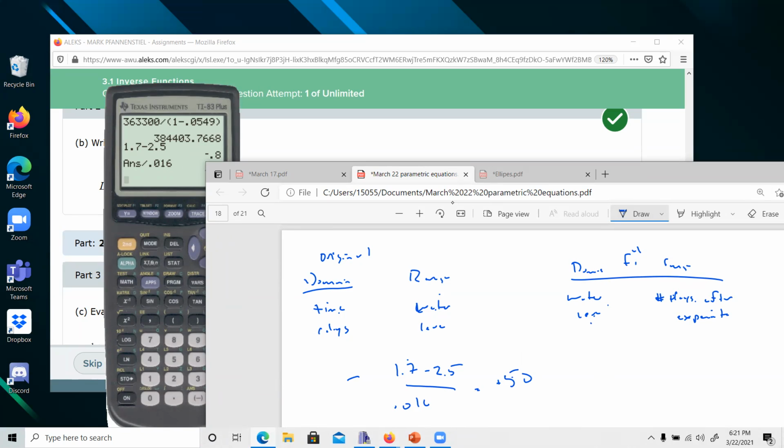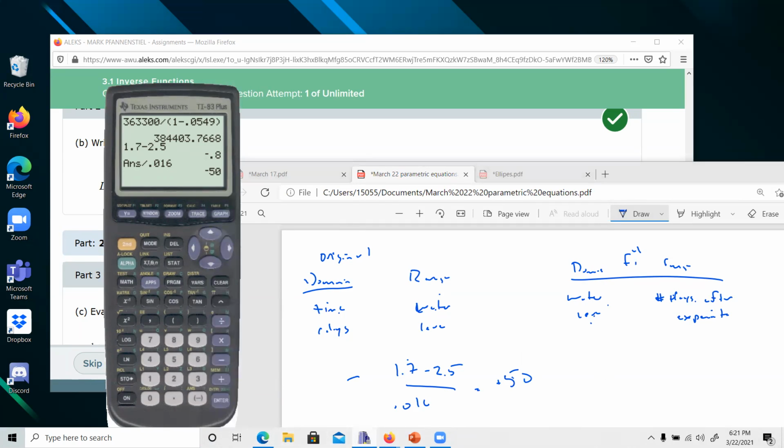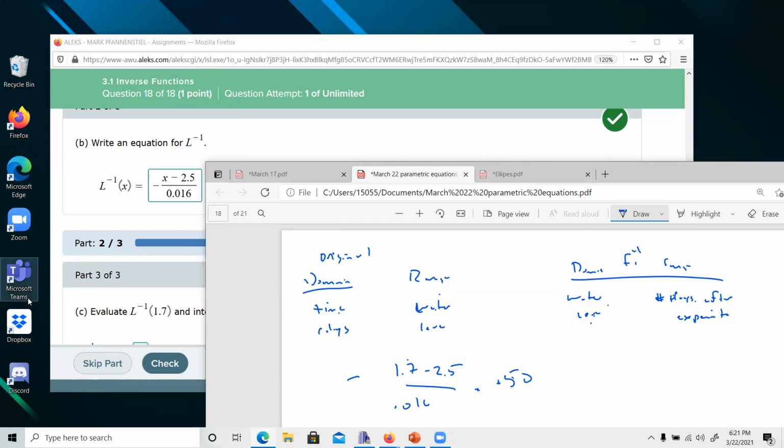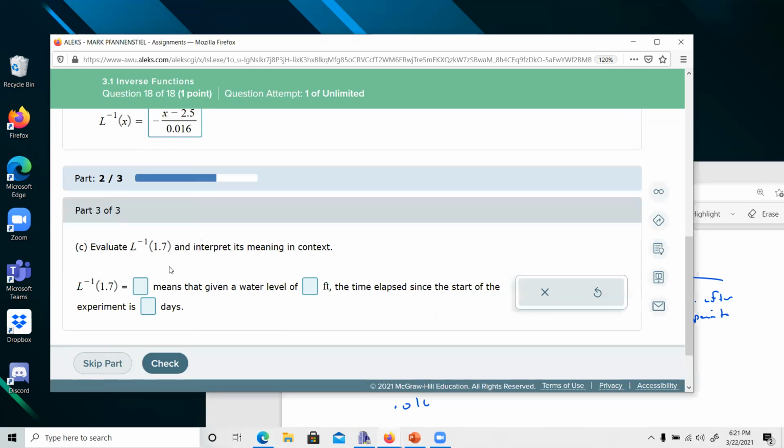The range is, that happened 50 days after we started the experiment. Sometimes it really helps to write that out so that you don't have to worry about which one is which. So, L inverse of 1.7 equals 50 means that given a water level of 1.7 feet, the time elapsed since the start of the experiment is 50 days.